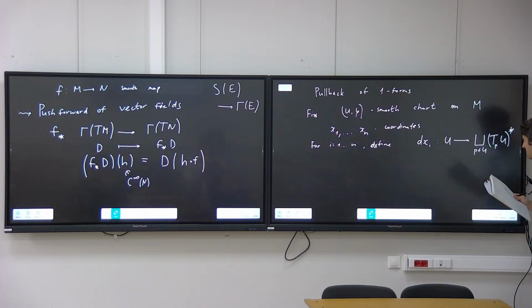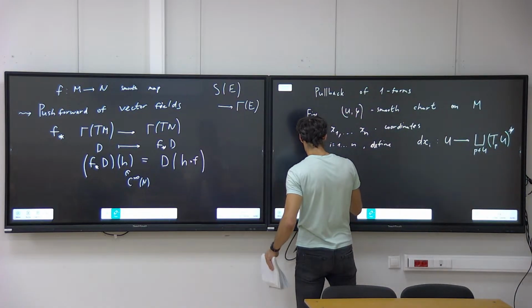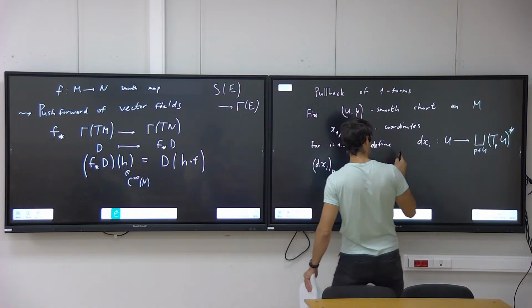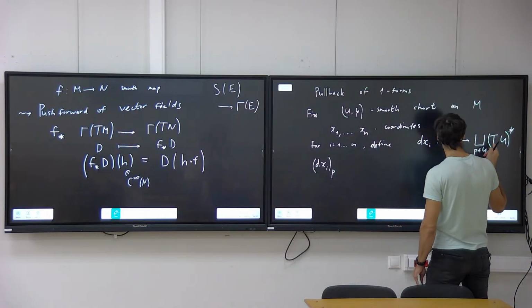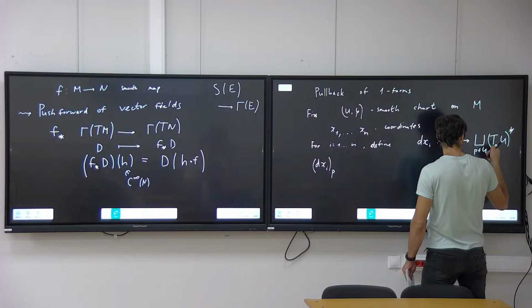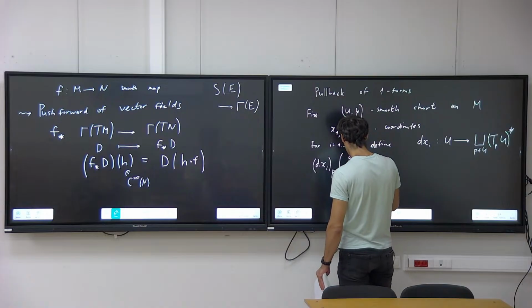So fiber-wise I define dxi at p. This is the value of dxi here, and it takes value in T_p U star, and it eats d over dx.